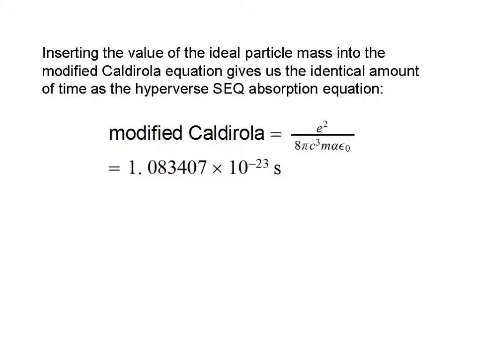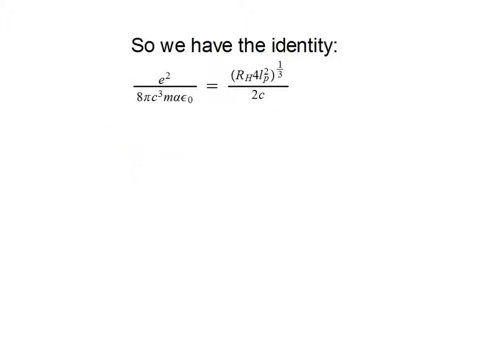Inserting the value of the ideal particle mass into this modified Caldirola equation gives us the identical amount of time as the hyperverse's SEQ absorption equation. We get the 1.08 times 10 to the minus 23 seconds using this modified Caldirola equation. So we have an identity: the modified Caldirola equation and our hyperverse SEQ absorption time. Very different equations giving the same amount of time.